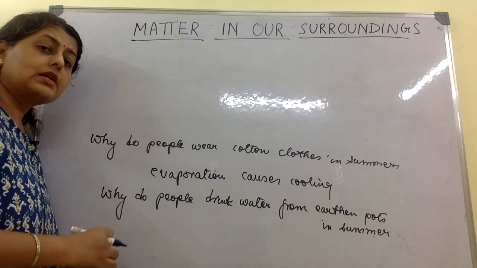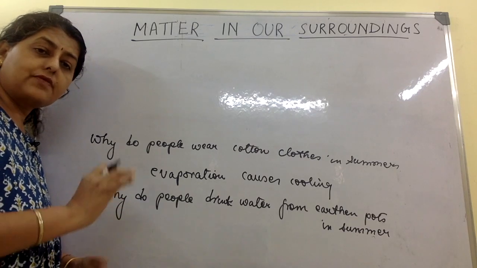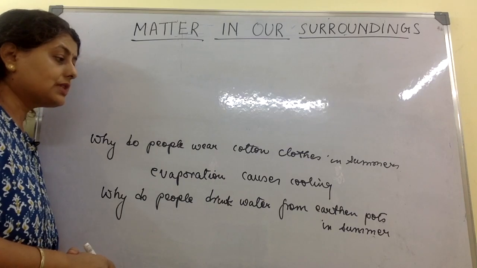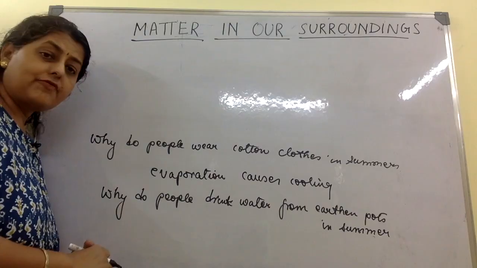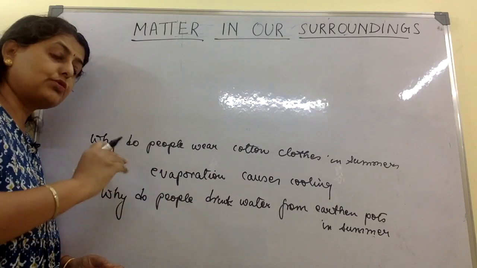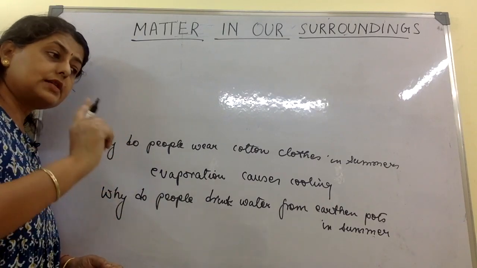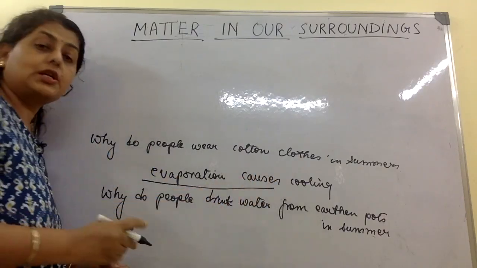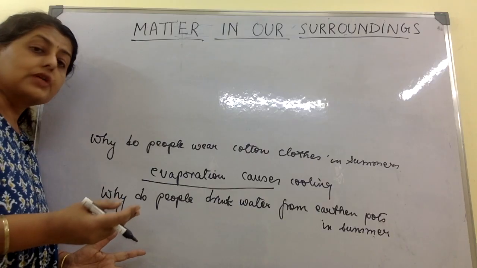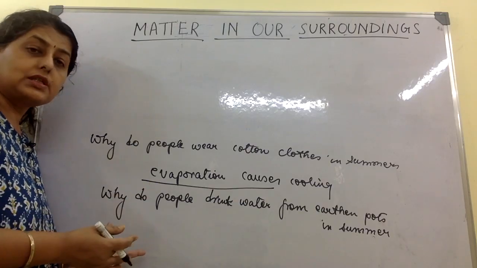That portion of the skin feels a little cold. Okay, so these are a few of the examples of latent heat of vaporization. When you write these answers, you will have to talk about latent heat of vaporization. You have to even give this line: evaporation causes cooling. So whenever there is evaporation, there is cooling.